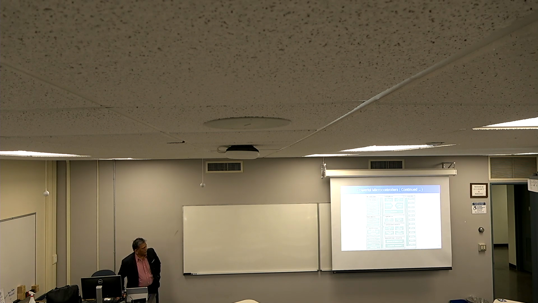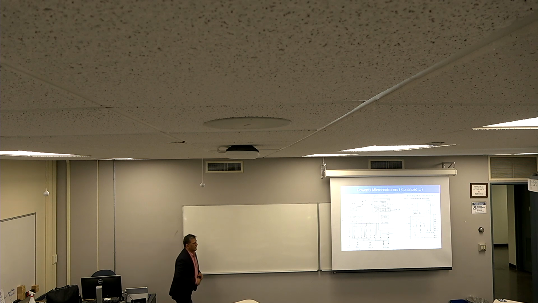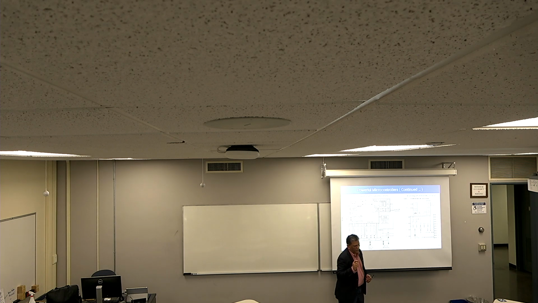Okay, so again, I'm just going to show you some block diagrams of powerful microcontrollers without going into the details. Seeing is believing. This block diagram is for a microcontroller for space applications. Why I have this up there is just to complete the discussion that you can't use any IC for any type of application.